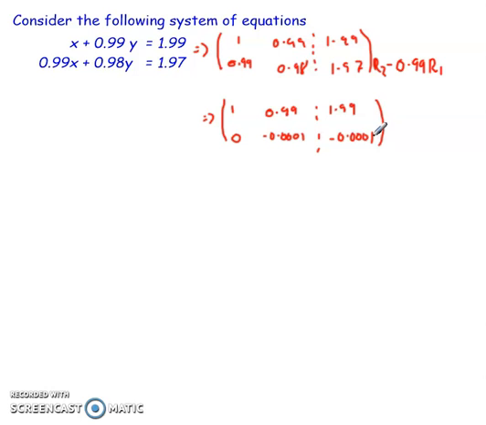So what I can do from that is I can look at this and read off that y is equal to 1 and x is equal to 1. So that's the solution to this system of equations as is here.